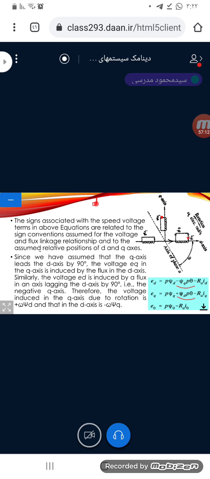But d theta is d theta divided by dt, or d theta per dt.